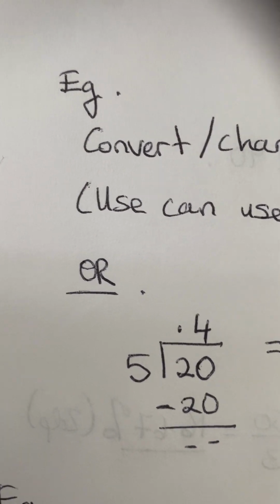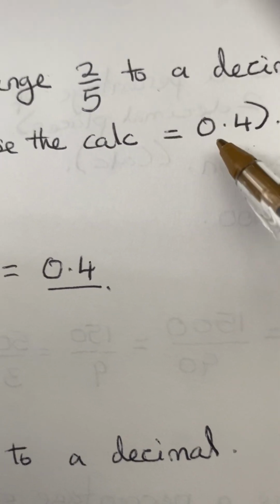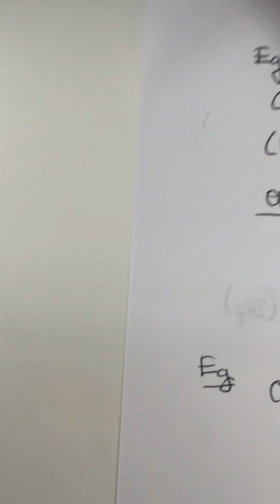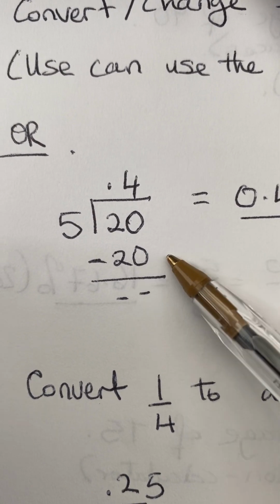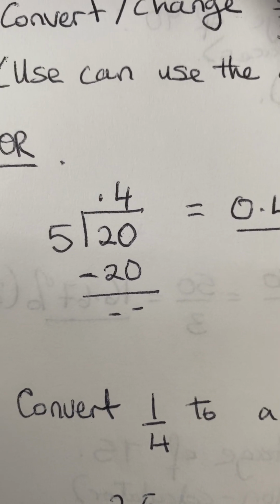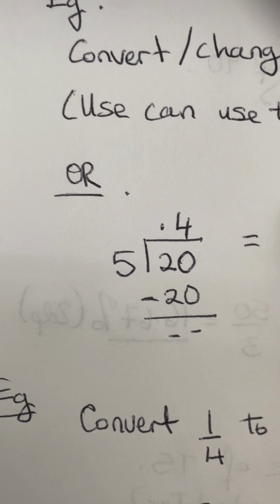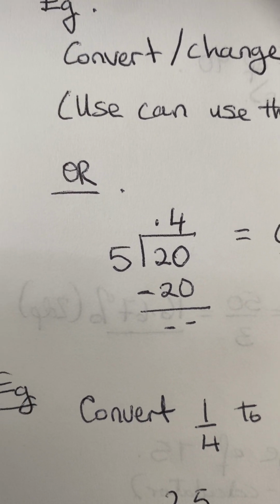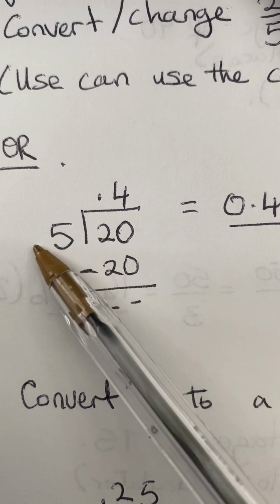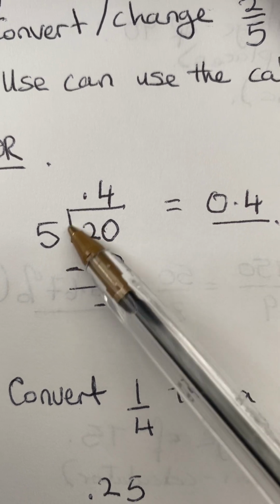When you use your calculator and put in 2 divided by 5, you are going to get 0.4. But you can also use this method if you don't have a calculator. So now 2 over 5: you put 2 inside and then you put 5 outside the division.